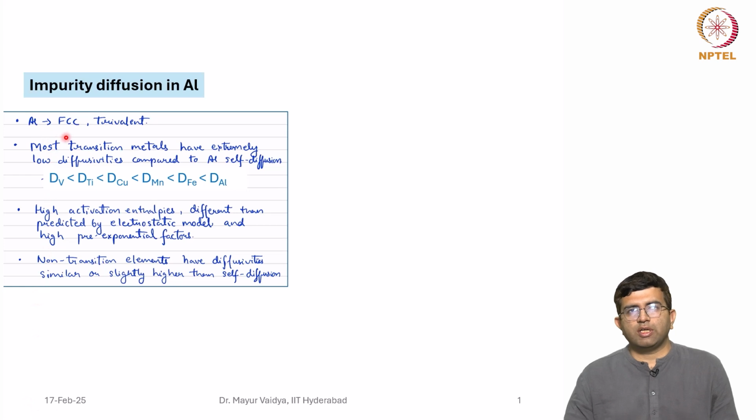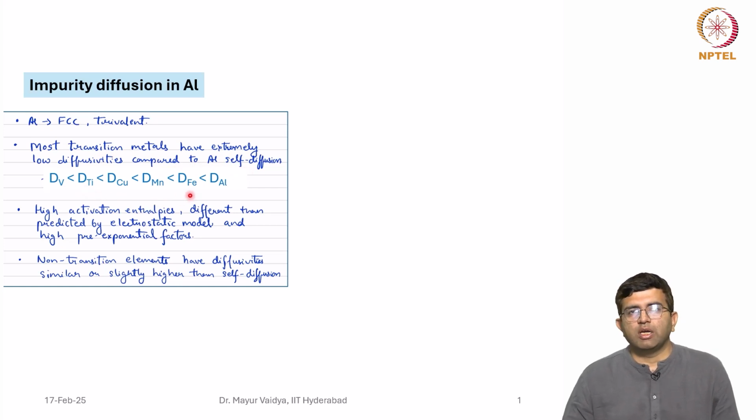We know that it is an FCC structure, it is a trivalent metal, and most of the transition metals have extremely low diffusivities compared to aluminum self diffusion, like vanadium, titanium, copper, manganese, iron.